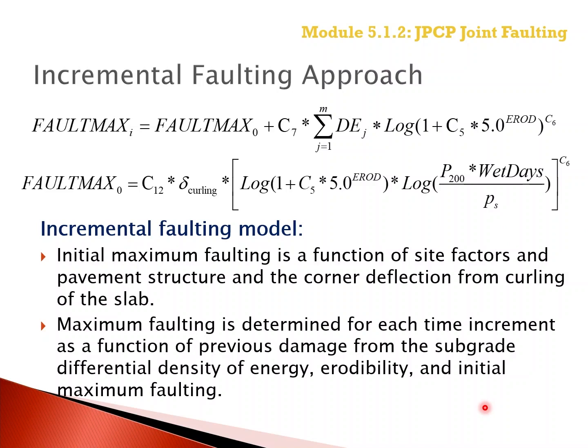The final maximum faulting value at the end of the time increment is a function of the subgrade differential density of energy across the transverse joint and the erodibility factor, as well as the magnitude of the initial maximum faulting value. The faulting within each of the time increments are summed to determine the total faulting of the transverse joints.